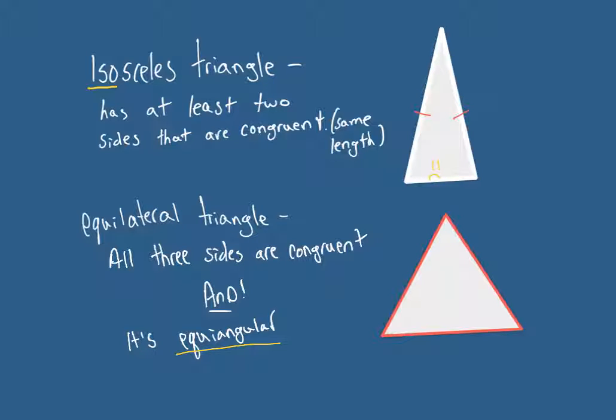So all three sides would be the same, just like that. And then not only that, but we would also have the angles be the same. Okay? And that would be an equilateral triangle.